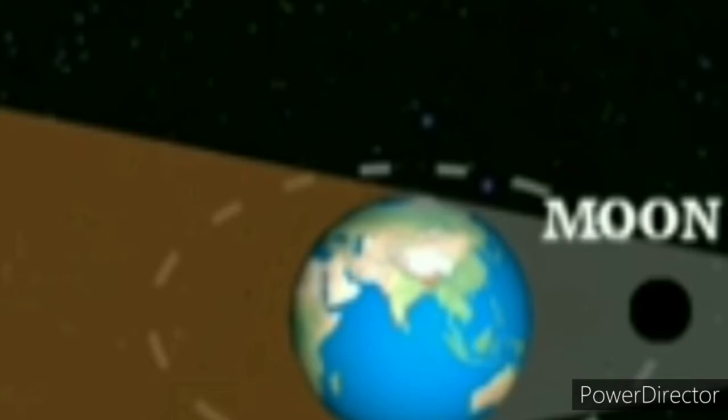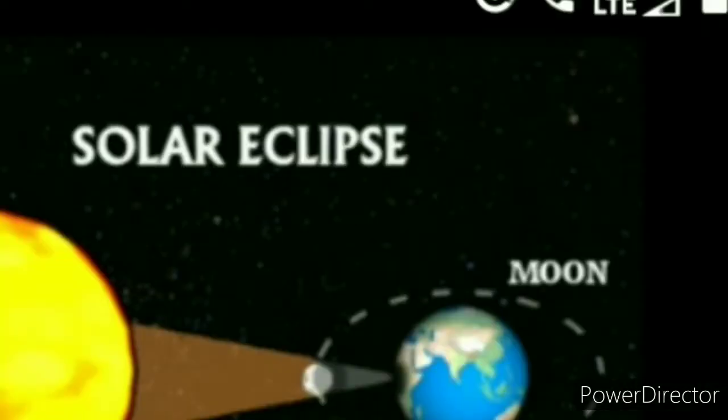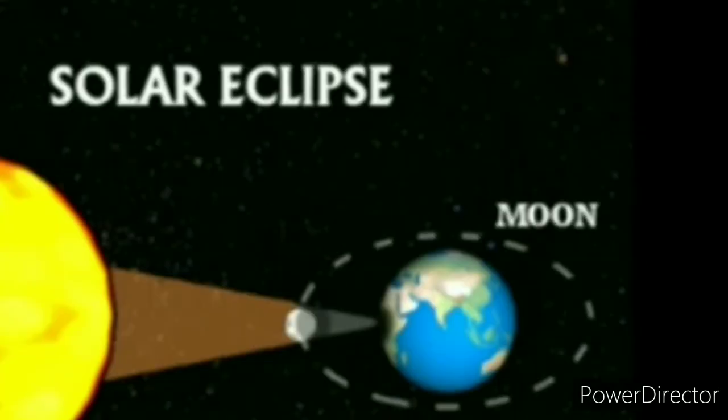And during this revolution, what happens? Once the time comes when the sun, moon and the earth are in a straight line, and the moon may come between the sun and the earth, at that time what happens? The shadow of the moon falls on the earth, and that's why some part of the earth is not visible. At that time we say that eclipses occur. Understood?